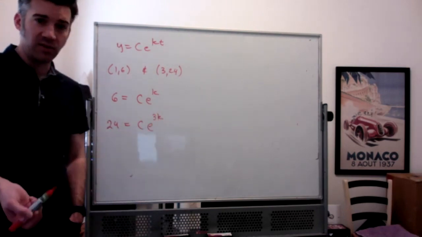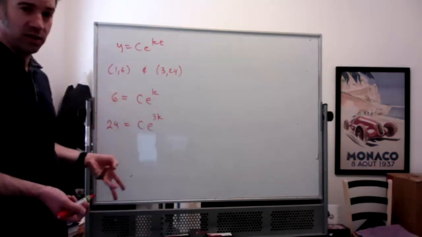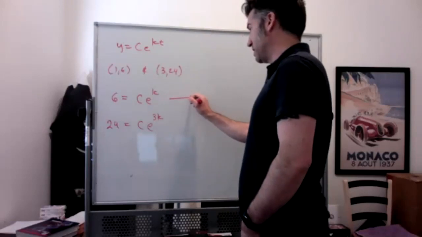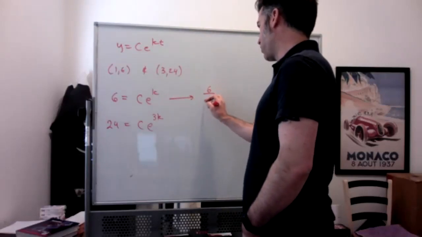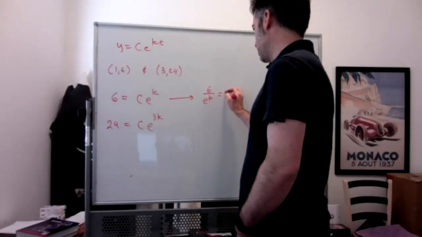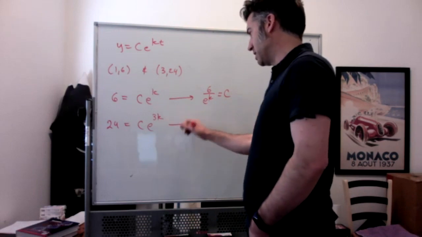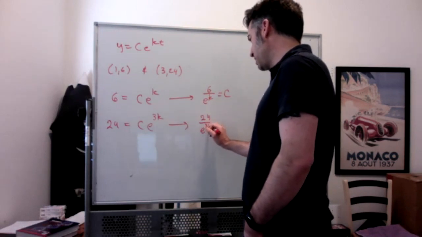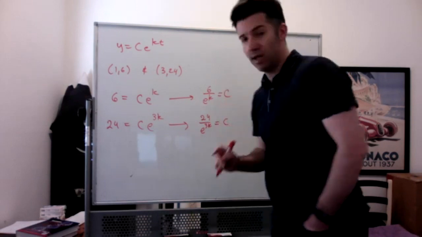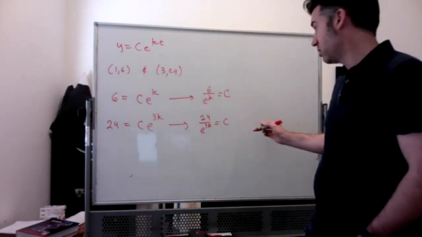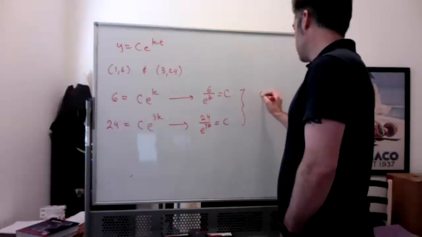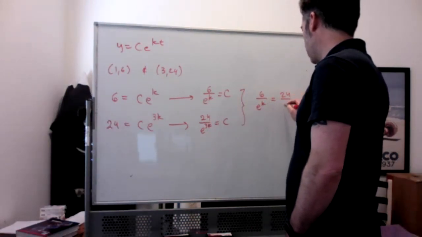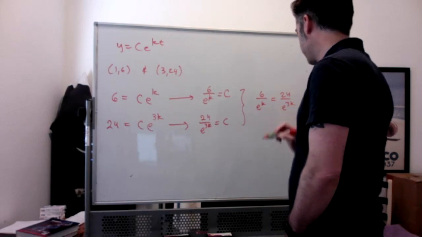Well, typically what we do now is we solve both of these equations for c. And then we set those equal to each other. So isolating c here, you get 6 over e to the k equals c. And isolating c here, you get 24 over e to the 3k equals c. And then we can set those equal to each other so that we get 6 over e to the k equals 24 over e to the 3k.